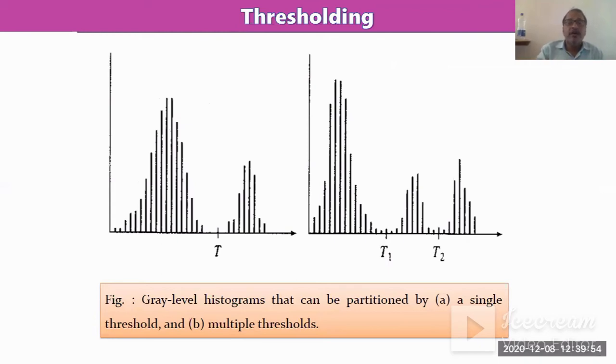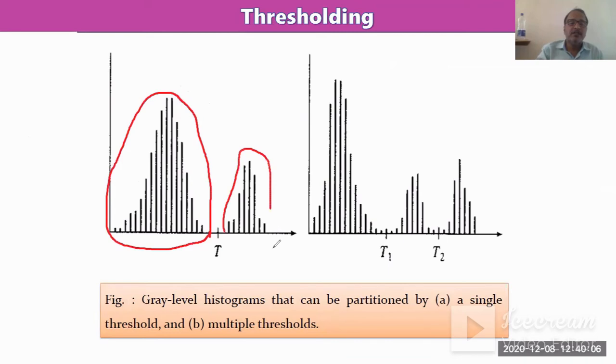Our background is dark, so this side will be the dark side, and our object is the light side, so that will be this point. This means our image will be divided into two different segments based on the intensity level, and this is a very good way to use the thresholding concept.